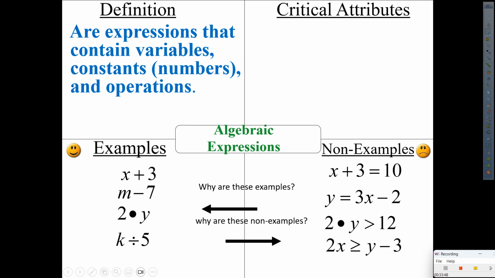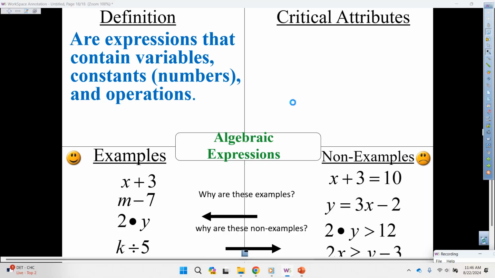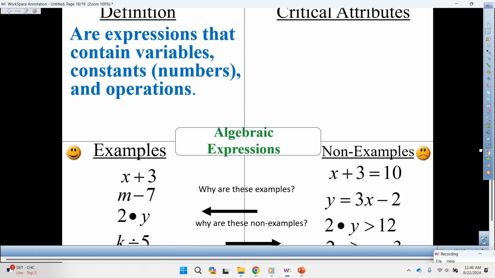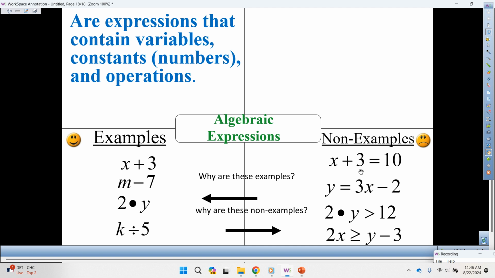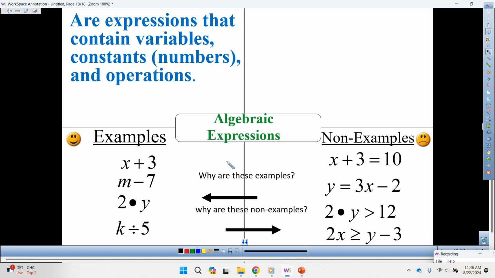Does everybody see that these non-examples have what? Equal signs or inequalities. We're still not there. So therefore, what makes algebraic expressions algebraic expressions? As you're copying this, I'm going to put some hashtags in here. If you get home, send the notes to someone with a little picture and do a hashtag.